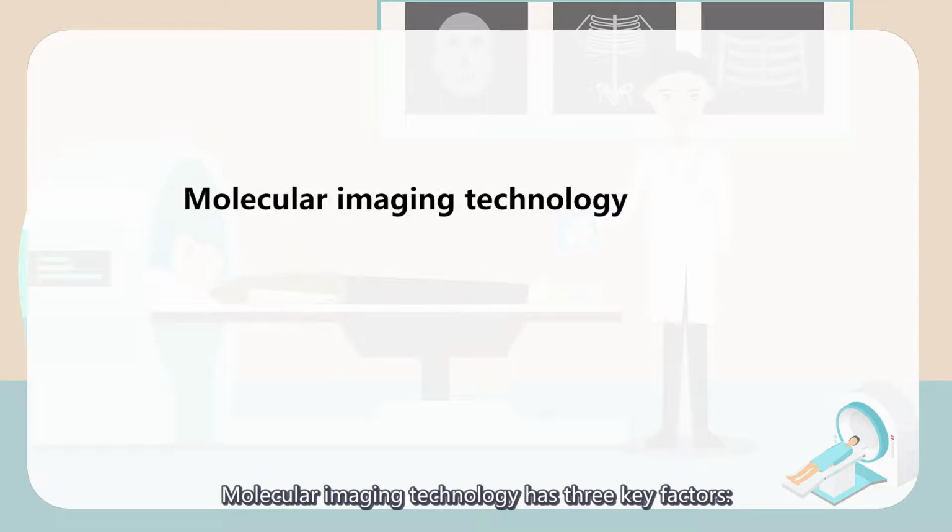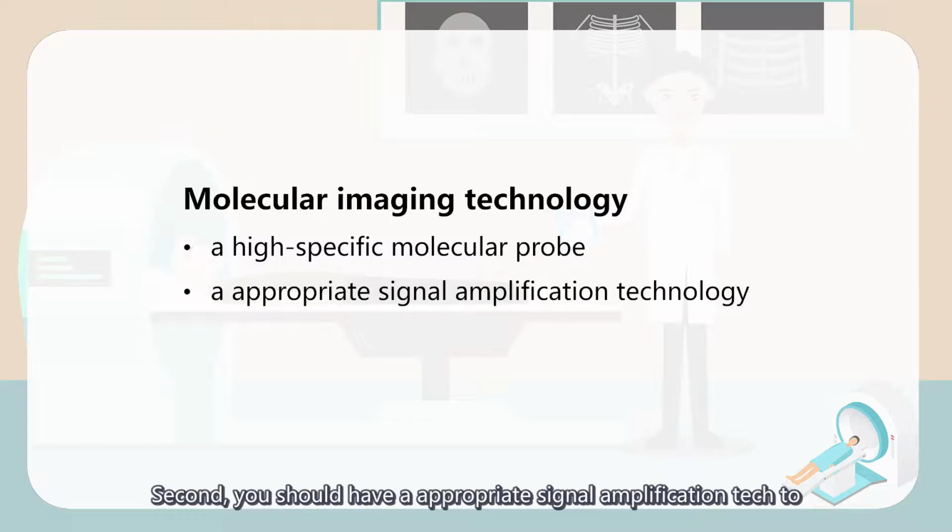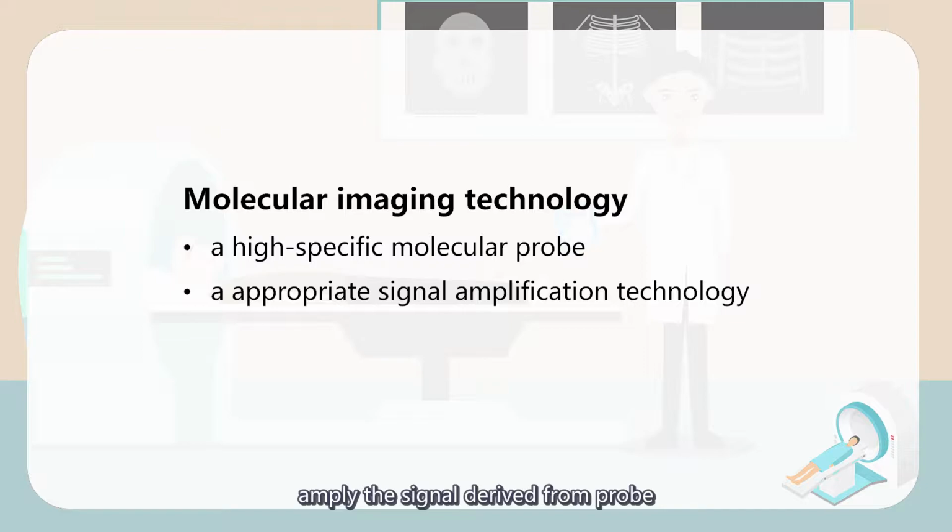Molecular imaging technique has three key factors. First, you should prepare a highly specific molecular probe. Second, you should have an appropriate signal amplification technique to amplify the signal derived from the probe.